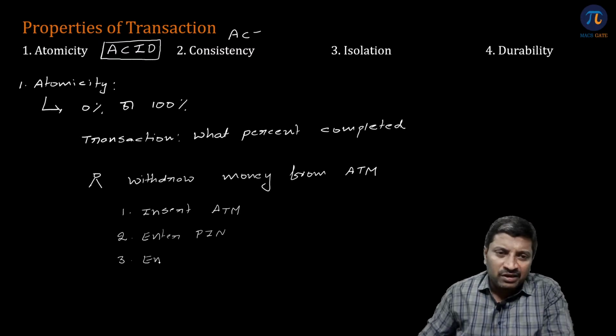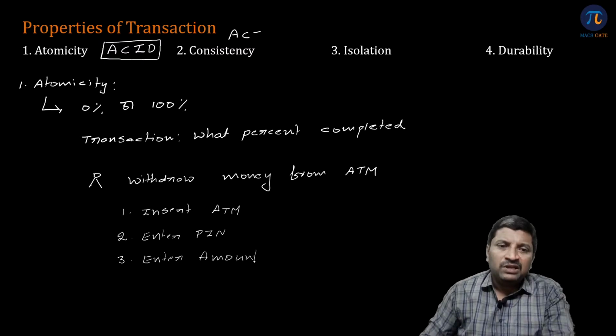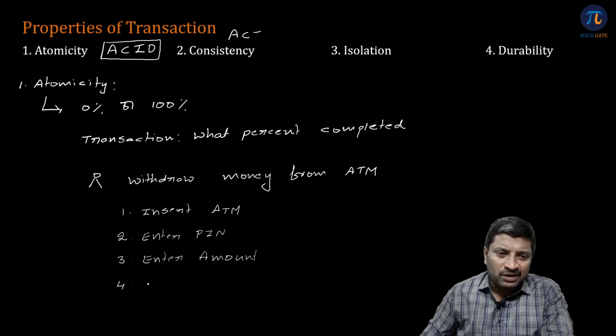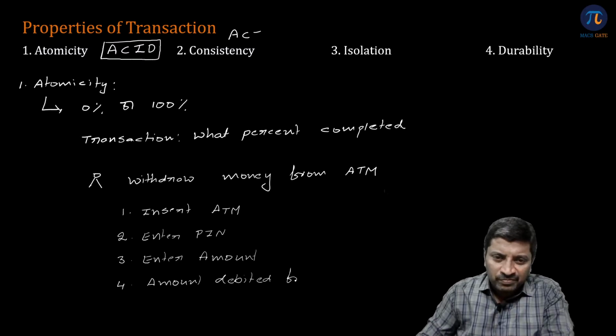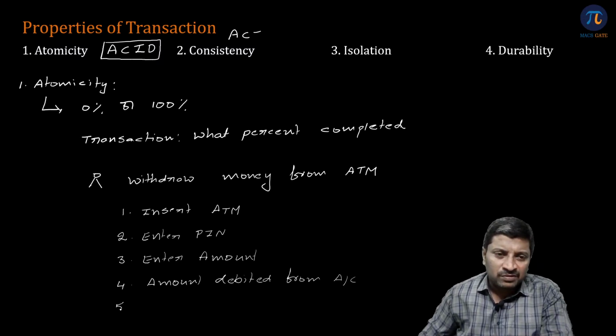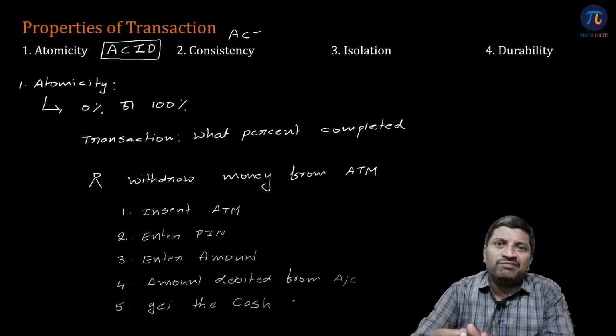He will enter the amount. Then the amount will be debited from the account. Then he gets the cash, that means the ATM machine will dispense the cash and we will take it. This is a rough idea of the transaction.